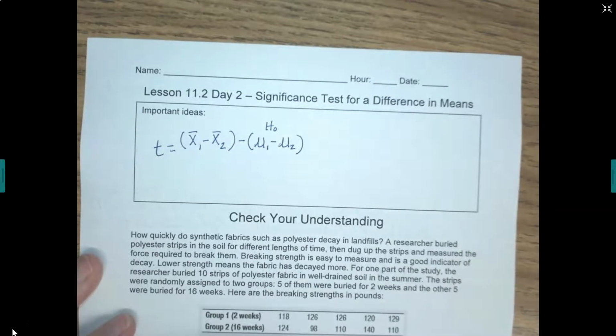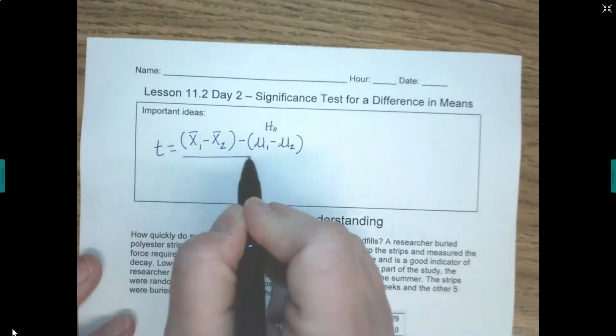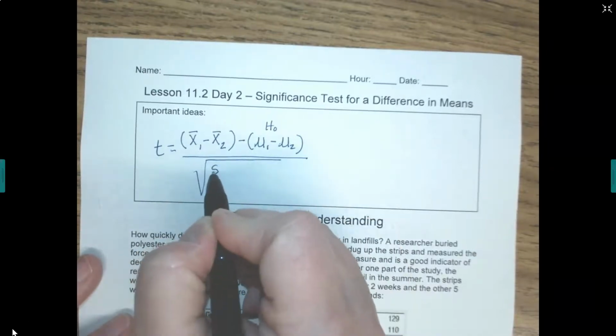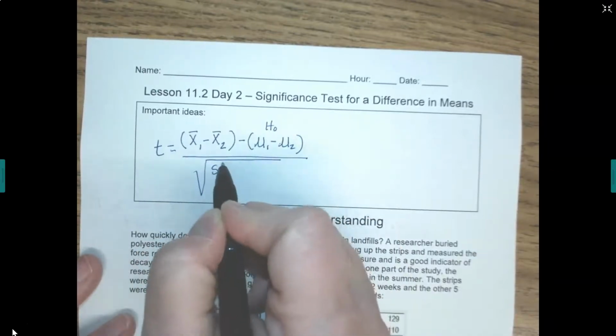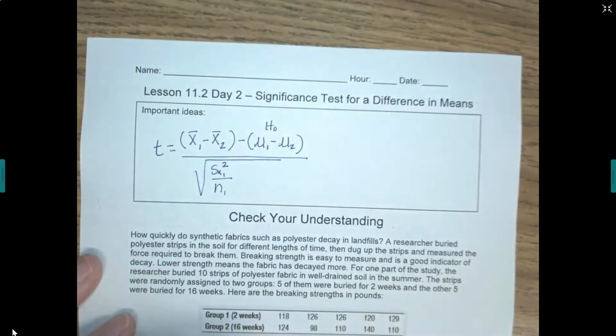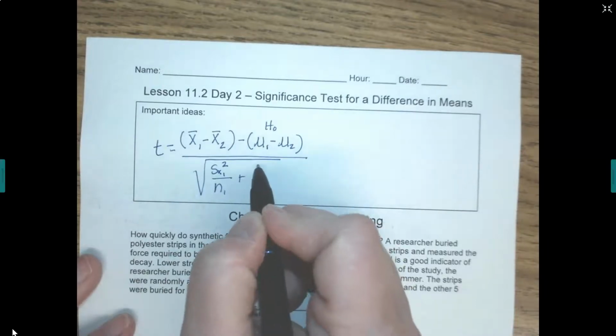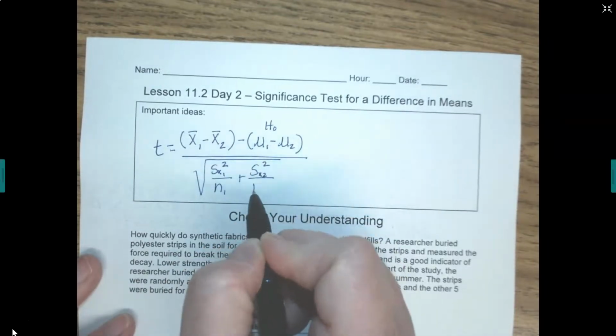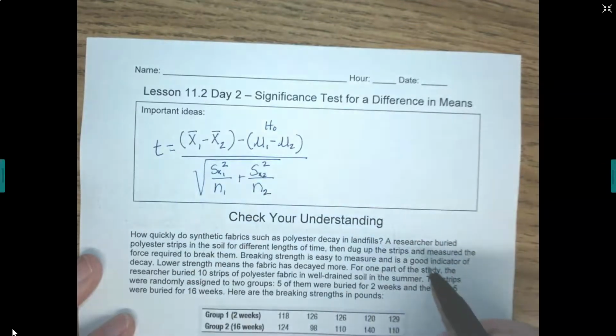That's your null. Divided by the square root of the sample standard deviation of the first one, squared, making it the variance, divided by its sample size, plus the variance of the second sample divided by its sample size.